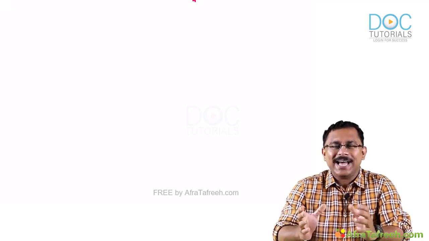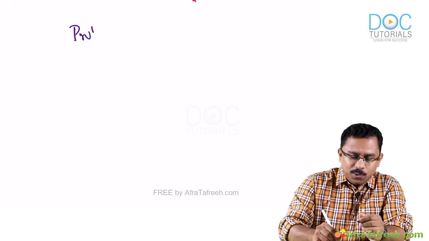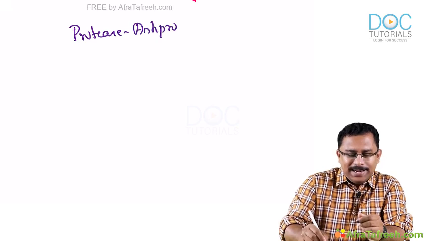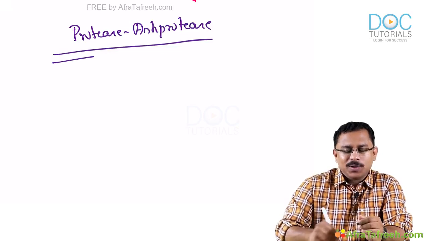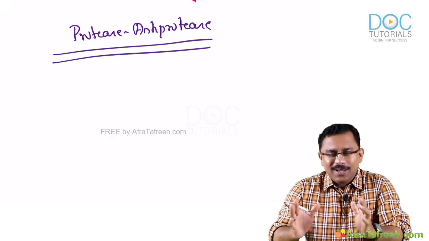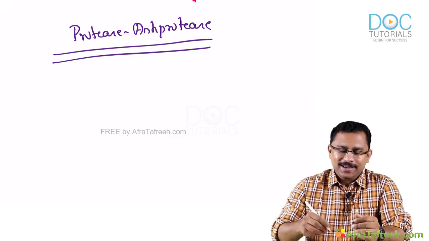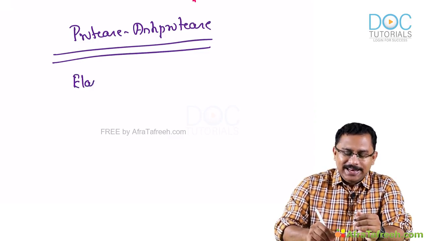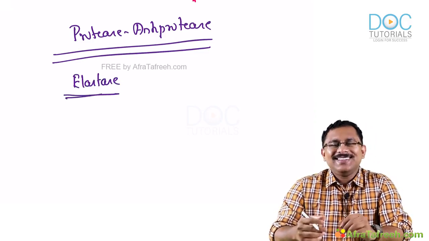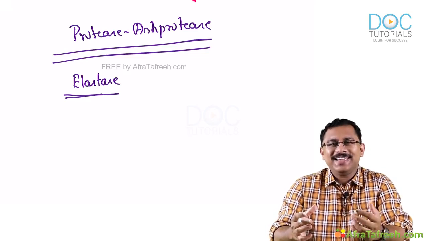You might have a protease anti-protease balance, which is usually well maintained. But if the balance is disturbed, if certain proteases like elastase act unopposed, then there occurs destruction of the walls of the airway.